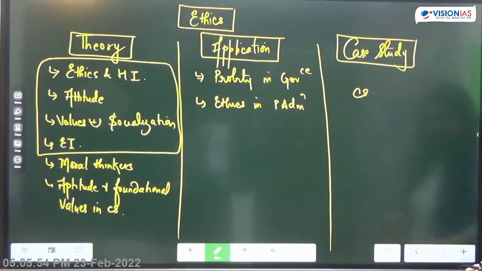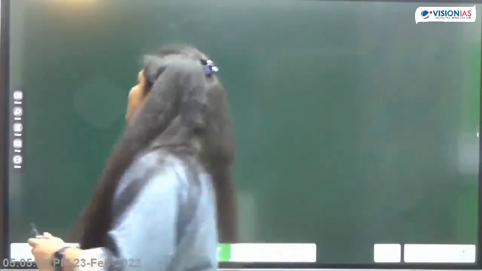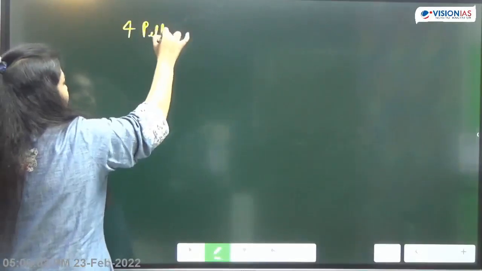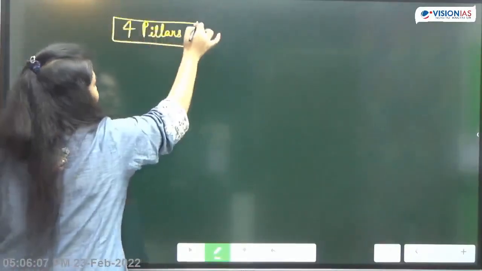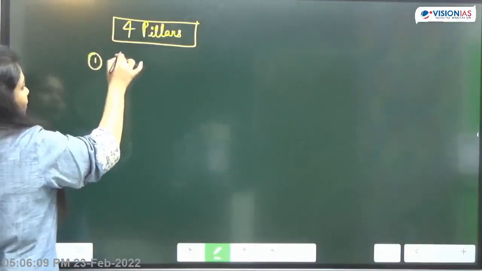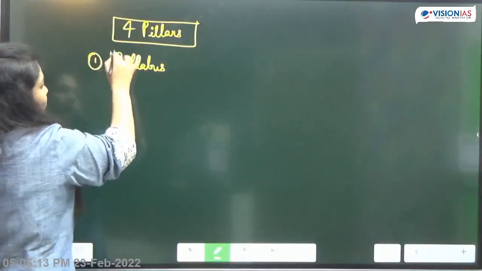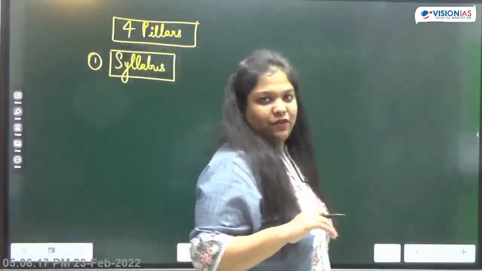Is it making sense? Now, how are we supposed to proceed with this paper? In general, as I've been saying time and again, there are 4 pillars to sail through the paper of ethics. The first is the syllabus. The best thing about the ethics paper is the syllabus is very comprehensive.